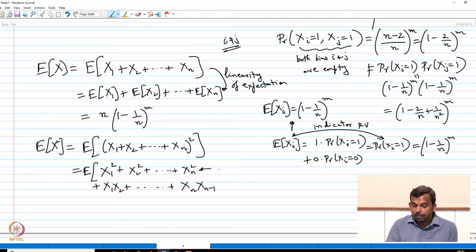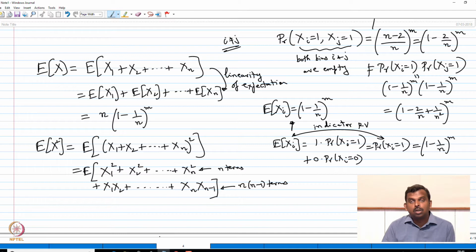There'll be n terms here, and there will be n times n minus 1 terms here. Hopefully you see that. This is the same thing as what I did before, exact same simplification. So now we use linearity of expectation.